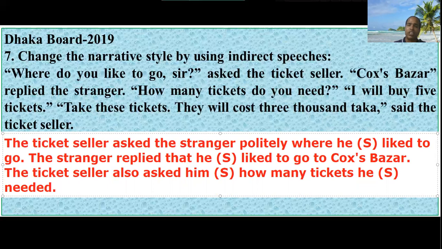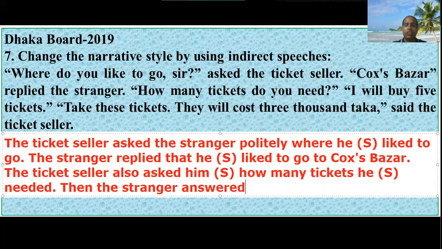I will buy 5 tickets. Answer. The stranger answered. You can answer or reply. Then the stranger answered that.